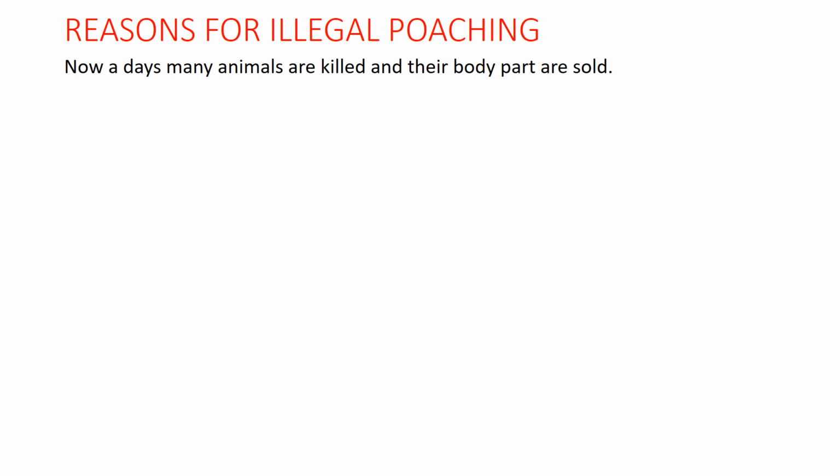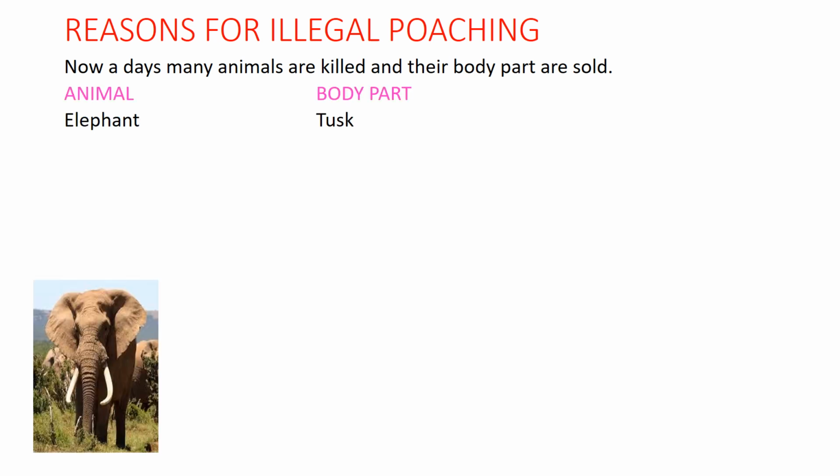Now, you might be thinking, what are the reasons for illegal poaching or why are people killing animals? Nowadays, many animals are killed and their body parts are sold. Let's see. Elephants are killed and their tusks are sold.